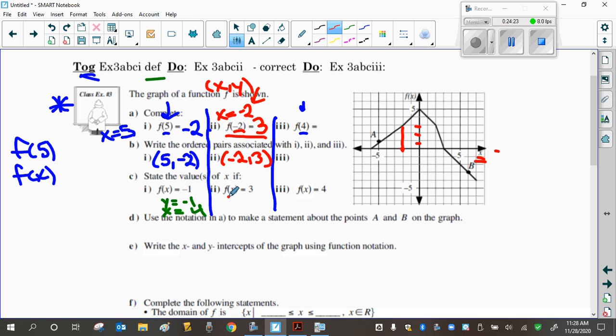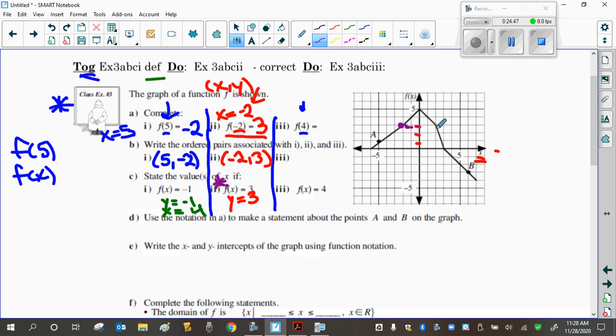This one says y equals 3. So where does y equal 3? Well, that's 3 up, right here. And this one's a tricky one, because there are 2 points on the graph where y equals 3.